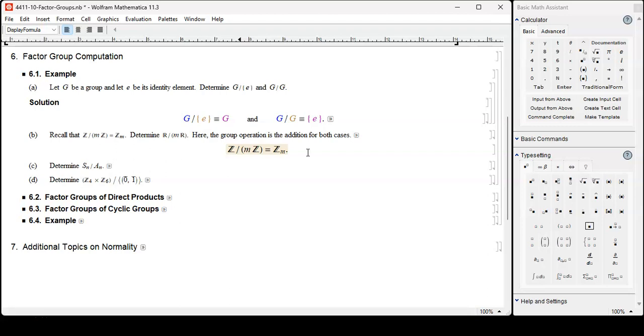That's the same as the old Zm we considered, because the equivalence relation that comes from the normal subgroup in this particular case is precisely the same as the congruence modulo m equivalence relation that we have been considering, all the way back from lesson 0 and even further.